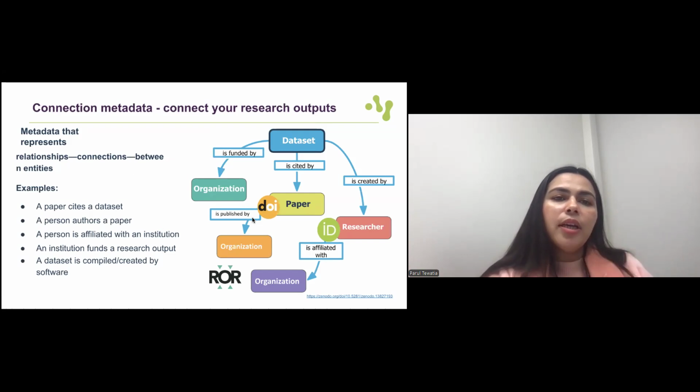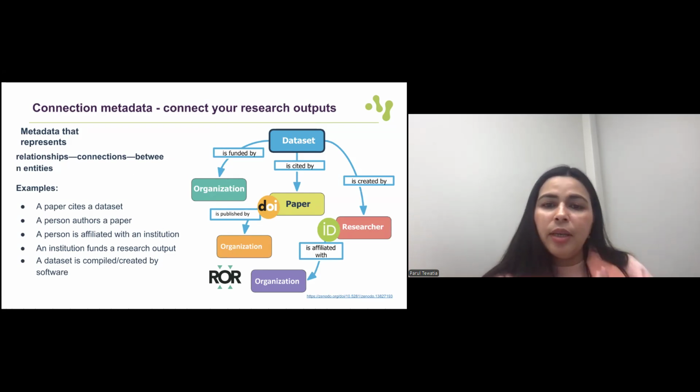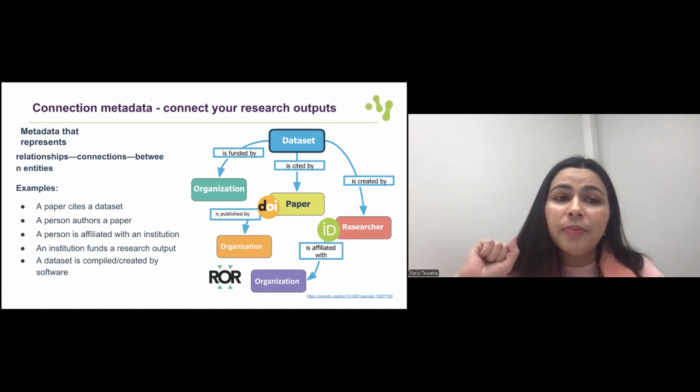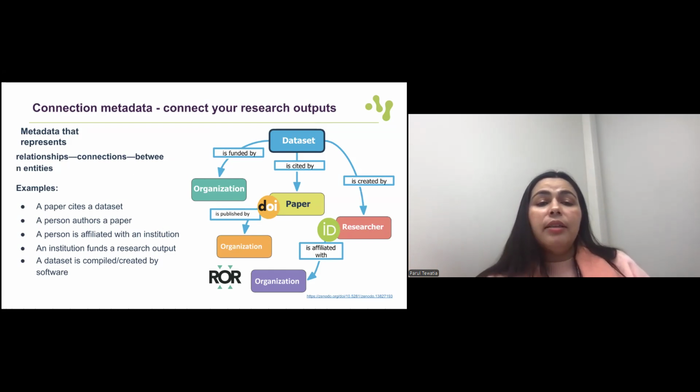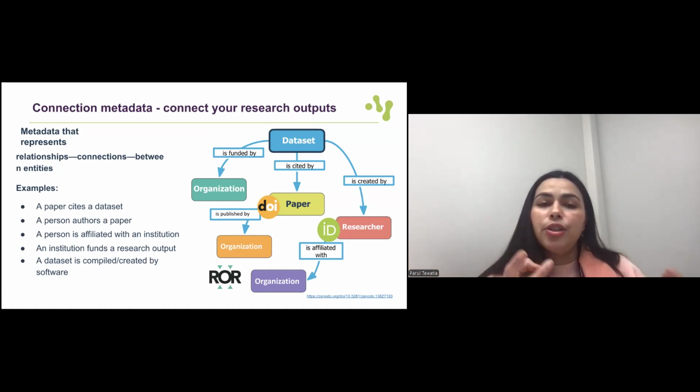Now, talking about all this, how can it connect back to you? I talked about metadata, you can select some repository, you can do everything, but how does it connect to the whole network when you have good metadata? Once you have good metadata, you can define the relationships or connections between entities, right?